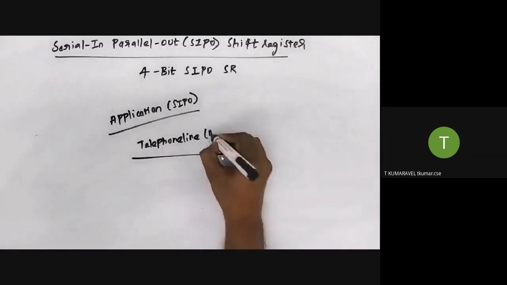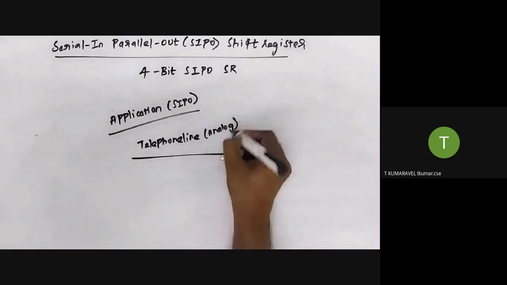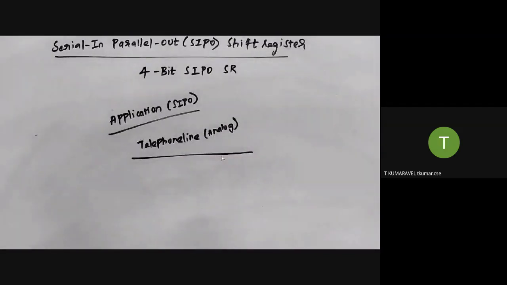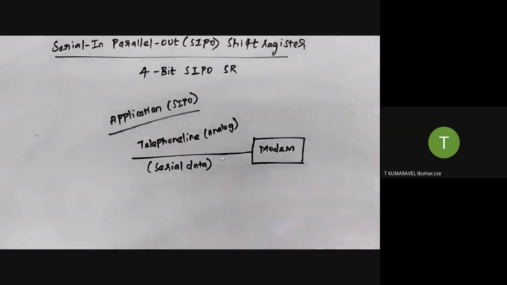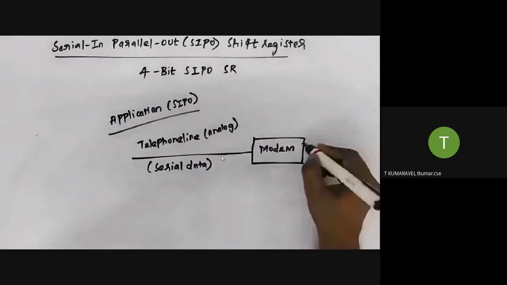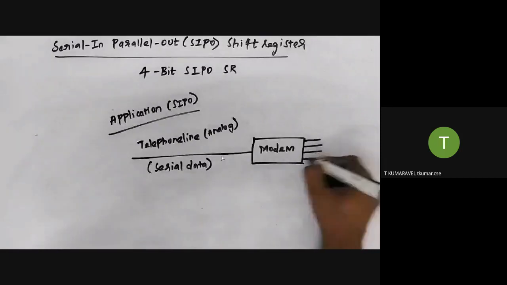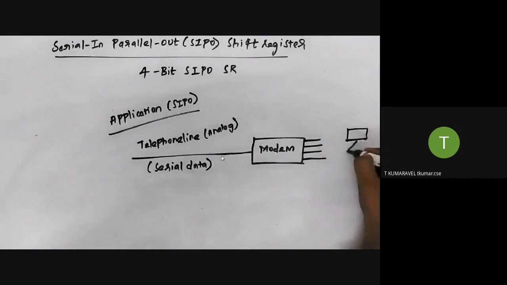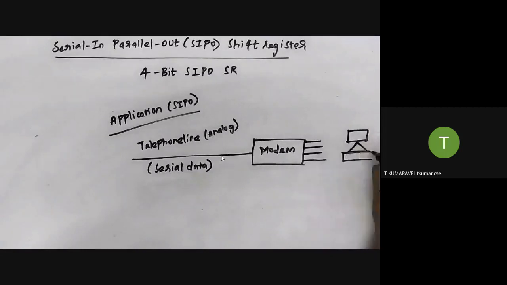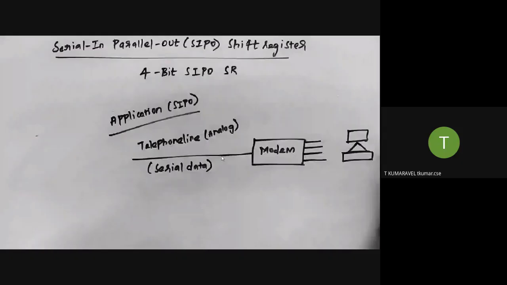It is transferred to the modem in serial order; the modem accepts the data serially. After converting it to digital data, it sends the data in parallel to the computer, so you can browse the internet. This is one application of serial in, parallel out.